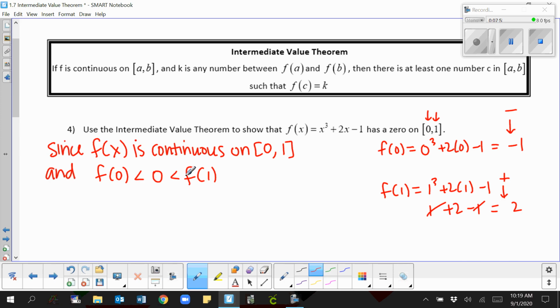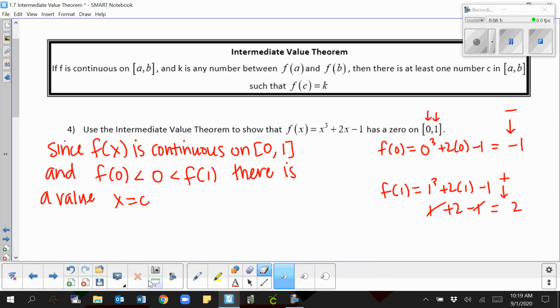So since it's continuous and we've established that we have one value that's negative on our endpoint and one value that's positive on our endpoint, we can say that there is a value x equals c. And let's actually specify that x equals c is in our interval.